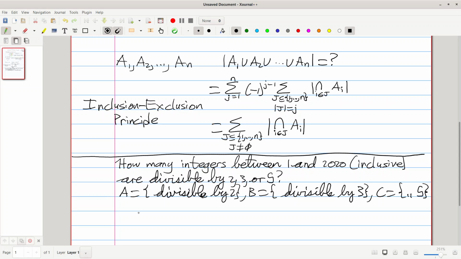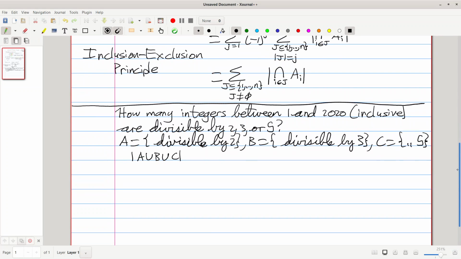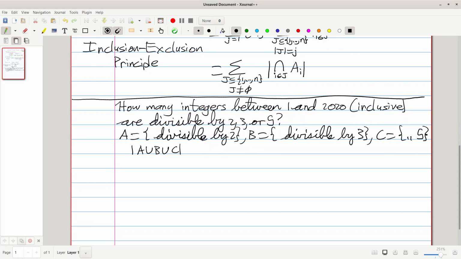And what they're asking for is how many elements are in the union of these three. Okay, so according to the inclusion-exclusion formula, this would be the number of elements in A plus B plus C, and then subtract intersections of 2 at a time. Sorry, that's a vertical line, and then add together all three of them.